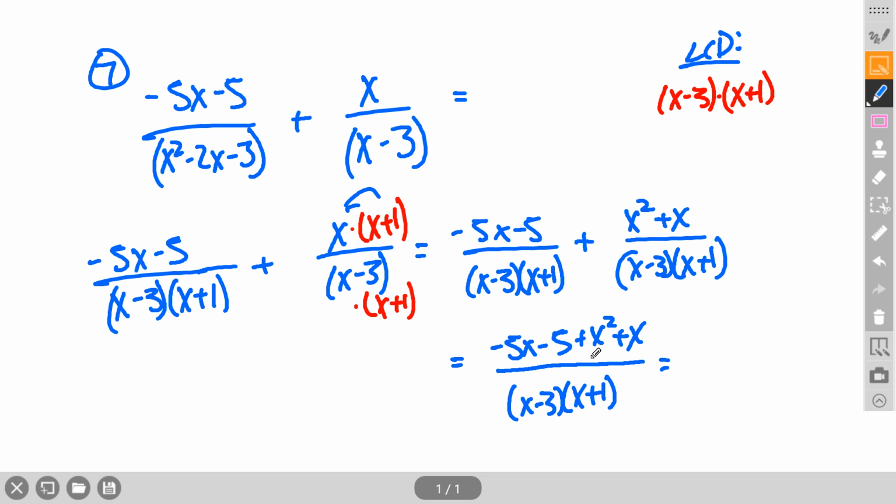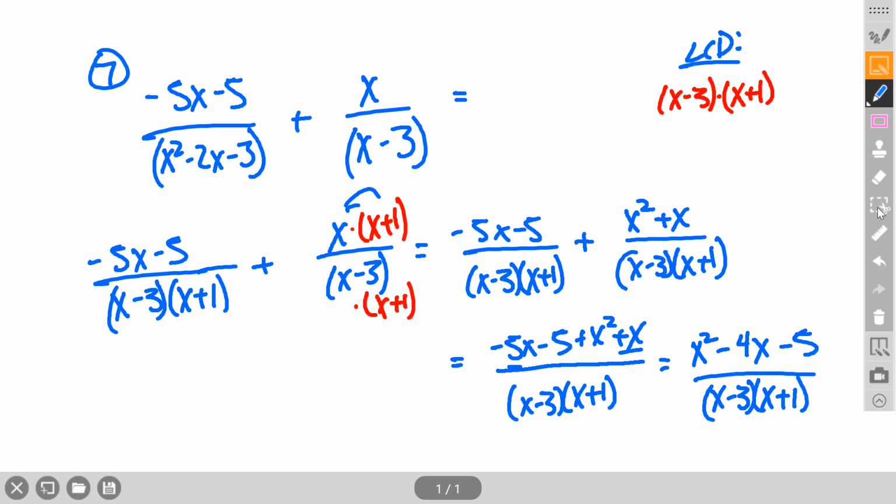Combine the like terms here, so x squared doesn't combine, but the negative 5x and the positive x combine to make negative 4x, and then we've got negative 5, and that's over x minus 3, x plus 1.